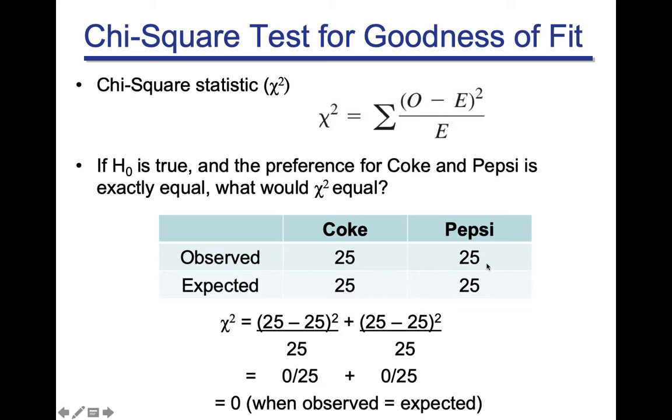What if we got 27 people preferring Pepsi and 23 people preferring Coke? Again, the chi-square is not going to be 0, and that chi-square value is going to get larger and larger. What if we've got 28 people preferring Pepsi and 22 people preferring Coke? Is that a big enough difference?